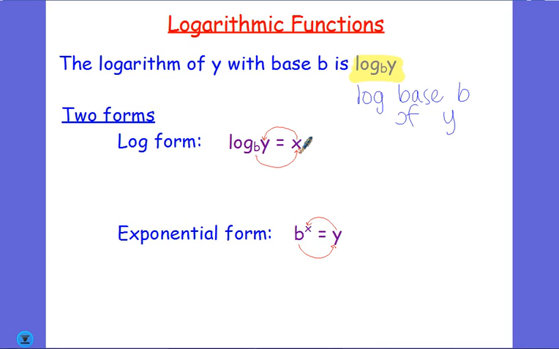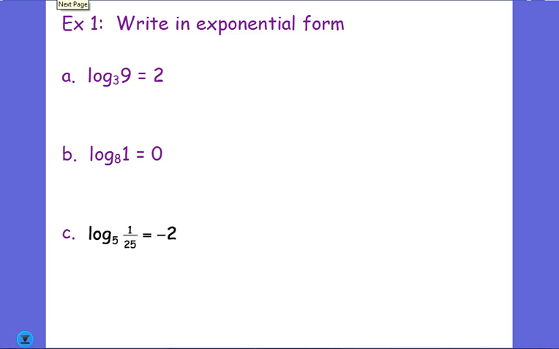So we're going to practice this circle and just swapping back and forth between the two forms for a couple of examples. As you can see at the bottom of your page, the first example says, write these in exponential form. Okay, so remember, exponential form means no log. So I'm going to use that circle we were just talking about. Where do I start? I start at my base. That's the little guy, 3, circles over here to 2, which circles back over here to 9.